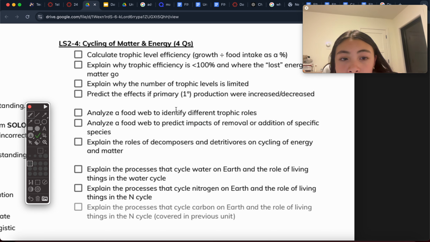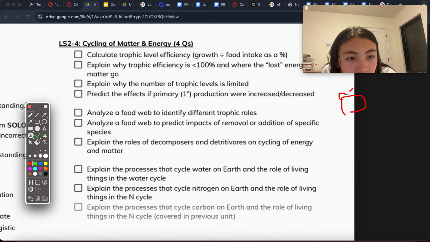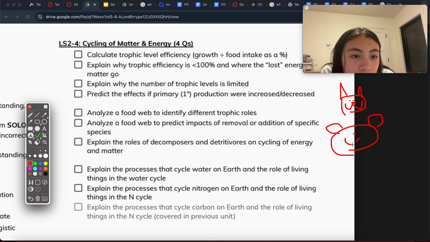Impacts of removal or addition of specific species. So let's say you have the wolves, and underneath that are the bears, and then below that are the bunnies, and then even below that is grass.